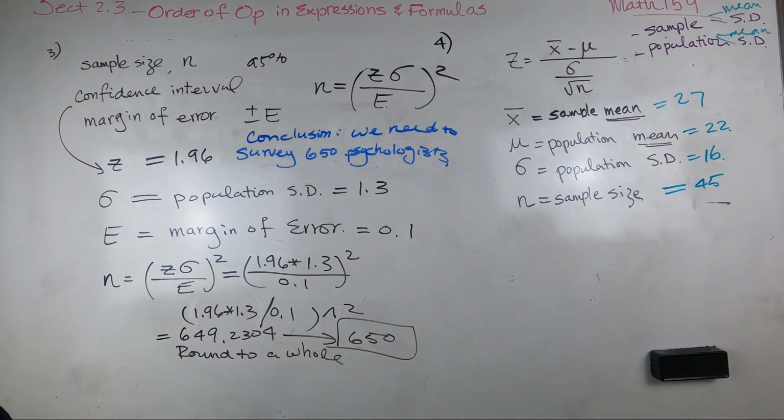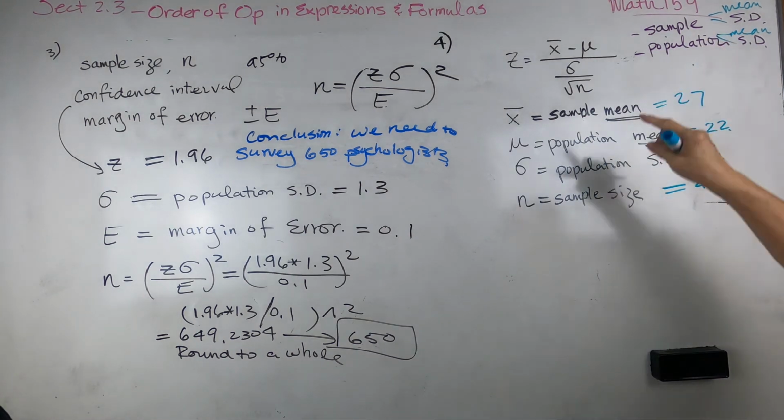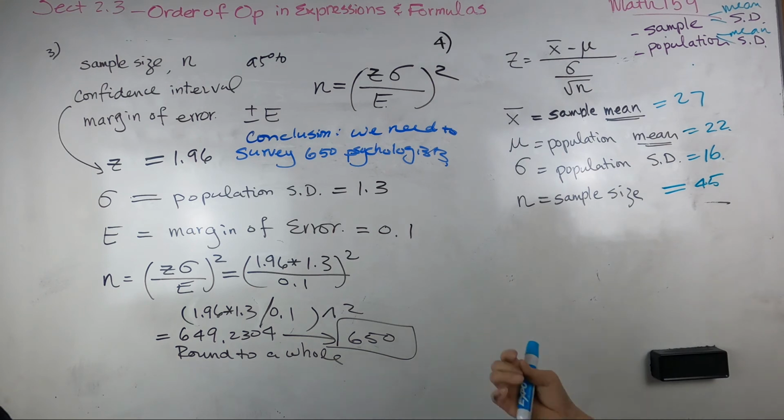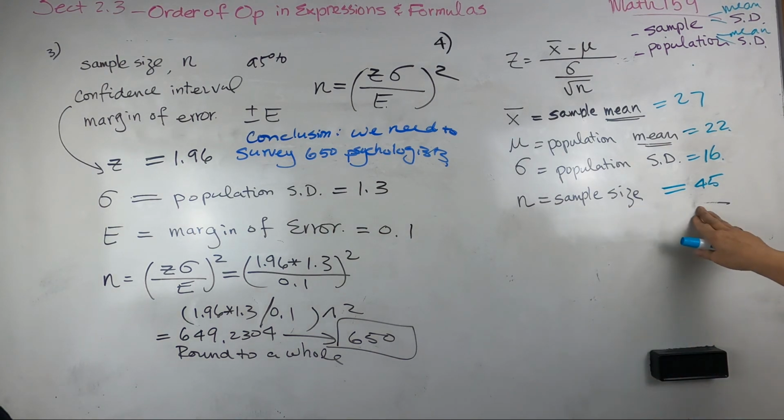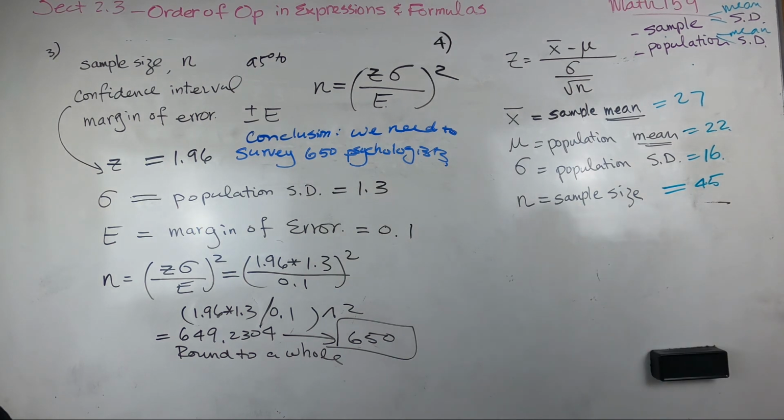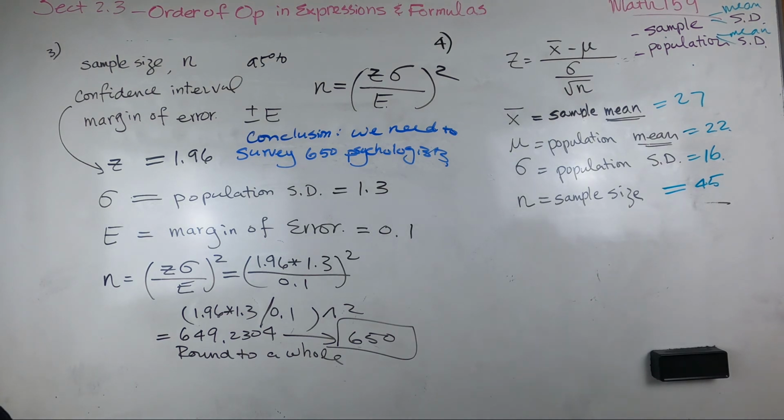Sample means you actually collect the data from the samples you use from the survey. Population means in general for that category, for the whole population. That's what it means actually.